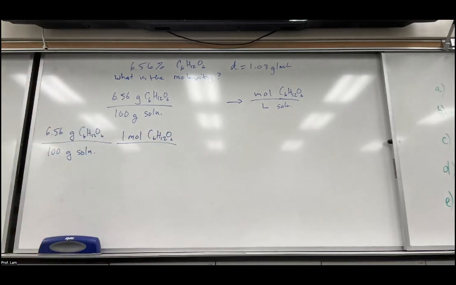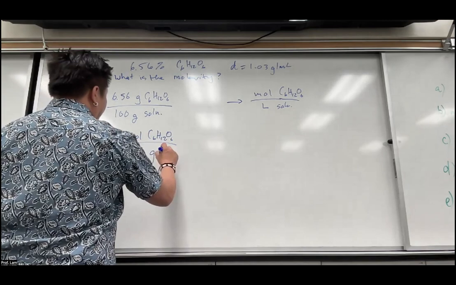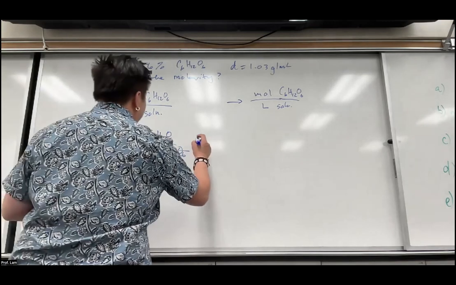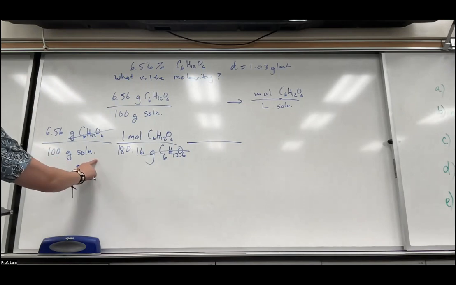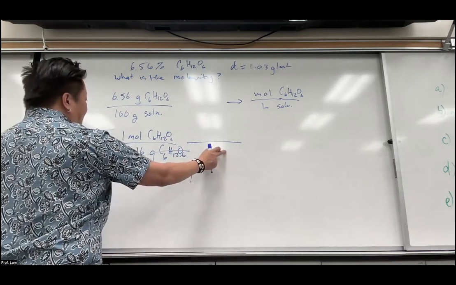So let's calculate that. The bottom is 180.16 grams of C6H12O6. So that cancels out. And then we need grams of solution to turn into liter. So liter of the solution has to be on bottom.